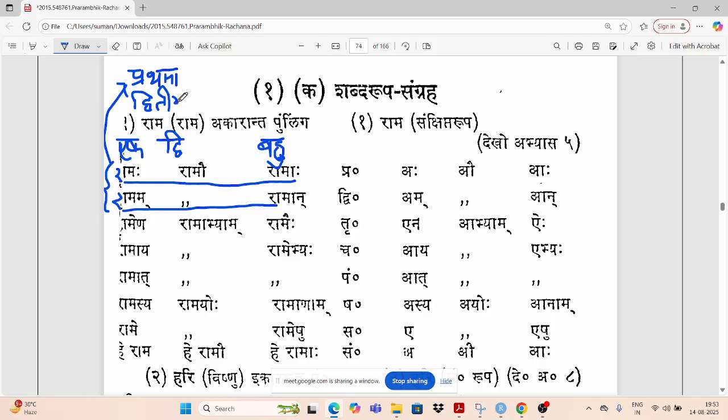Even being there, if I say asti, that is also a kriya. That is also considered a kriya pada in Samskrita.